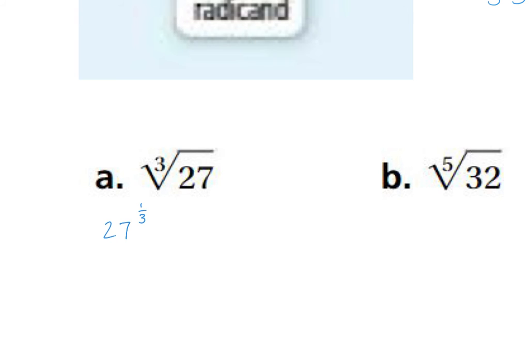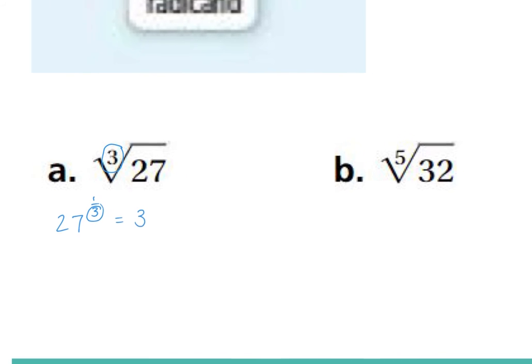Janessa, what's my index? The 3. Very good. The 3 is the number that's in the V of the radical, okay, Serena? And that's what we call our index. It should match up with the denominator of your exponent. And did anyone get 27 to the 1/3? What is it? Alan, what'd you get? Still working on it? Victoria, what'd you get? 3, very good, okay?